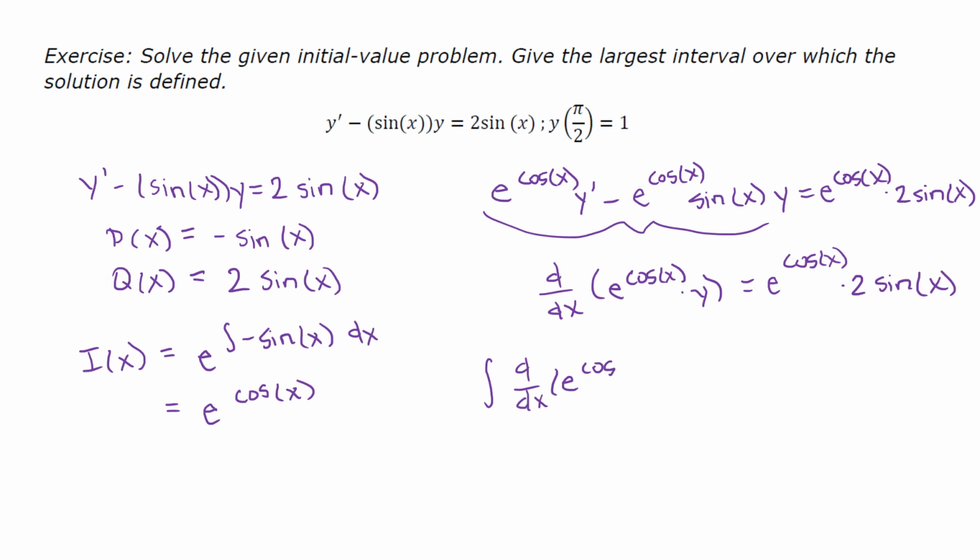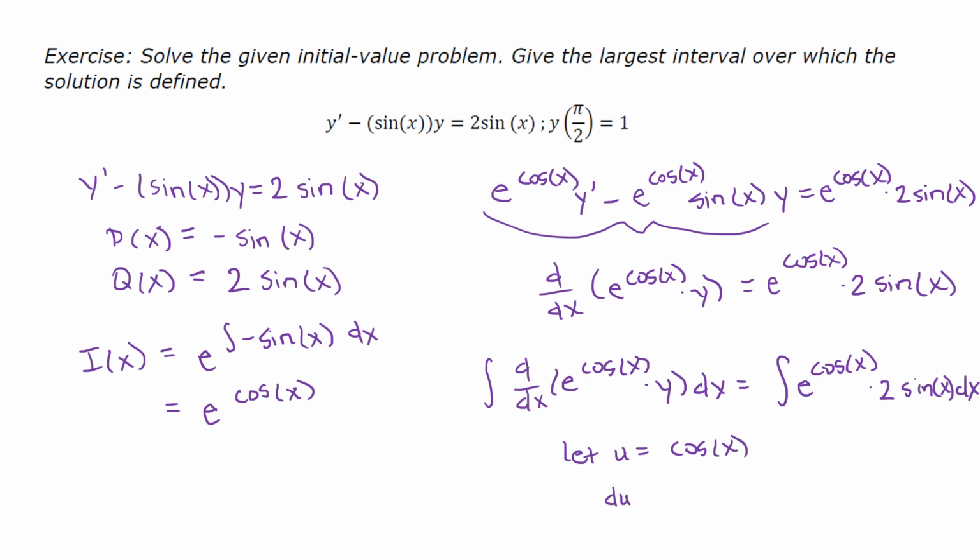So I'll just rewrite our integration equation. Okay, then we are going to have to use u substitution. So we'll let u equal cosine of x.